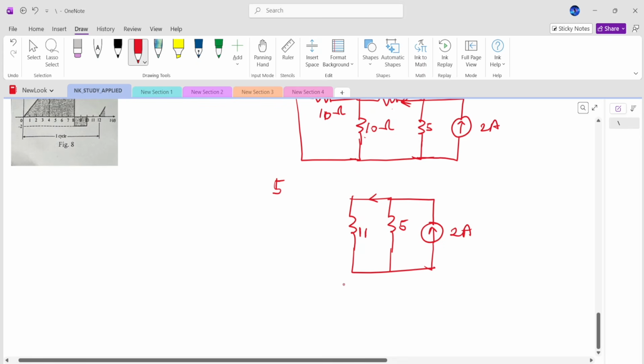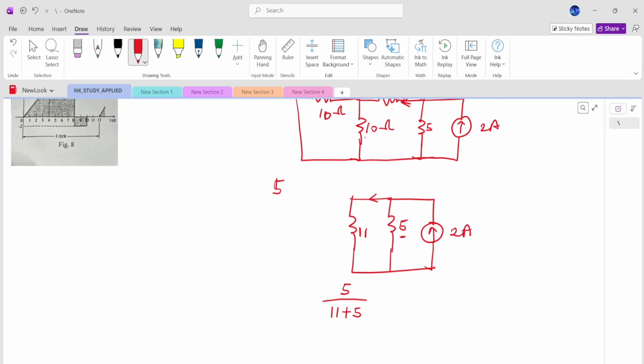The current division rule says take the resistance in the other branch, 5, divided by their sum, 11 plus 5, times 2. This is going to give me 0.625 amps.